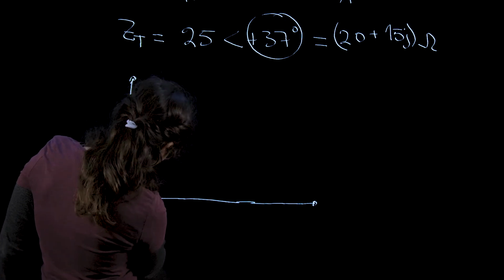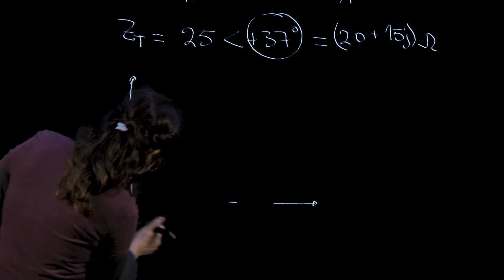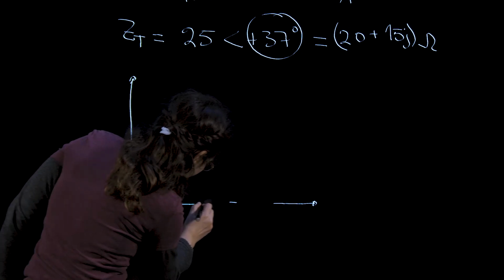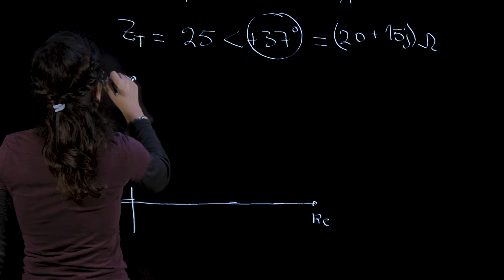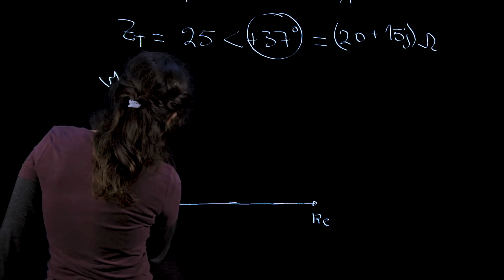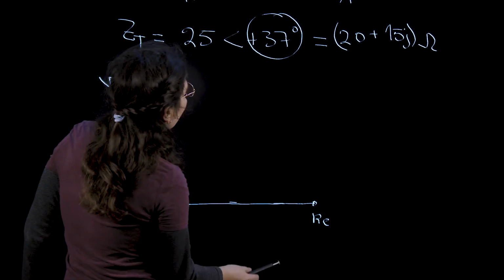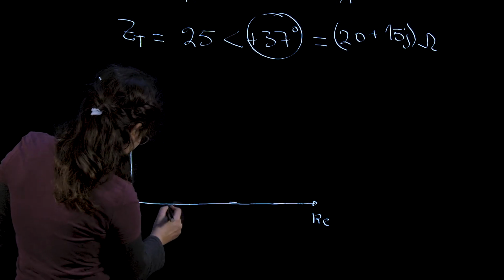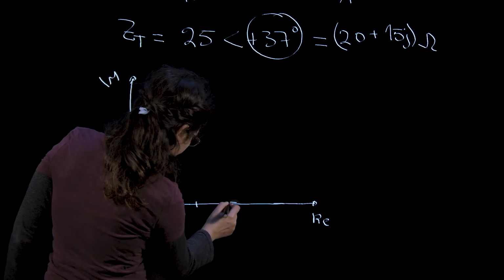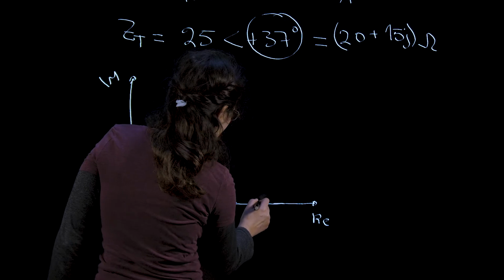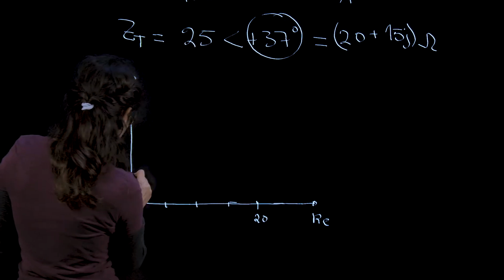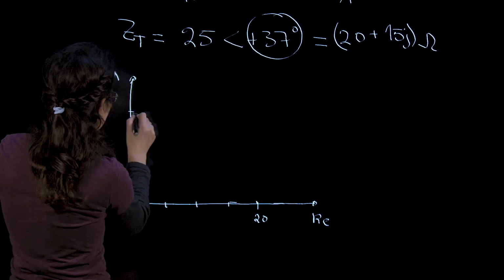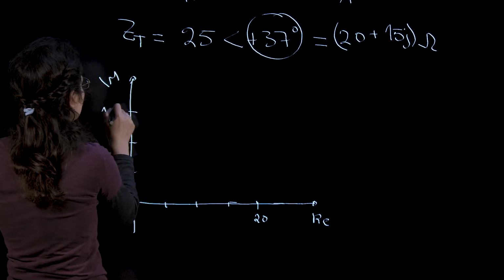In the complex plane, sorry, I wanted to be on the line. In the complex plane, this is real and this is imaginary. So I have 20 on the real axis, so I will have 5, 10, 15, 20 on the real axis here, and 15 on the imaginary axis, 5, 10, 15, so 15 here.